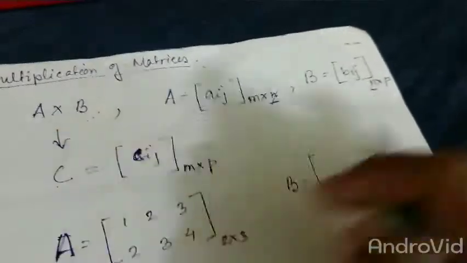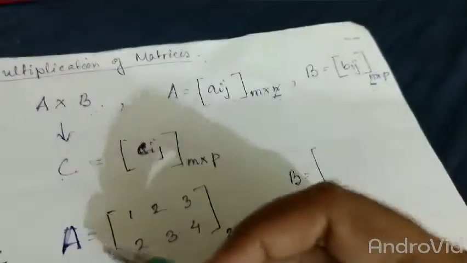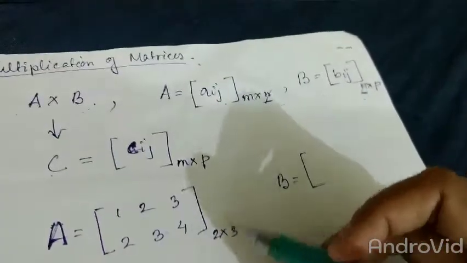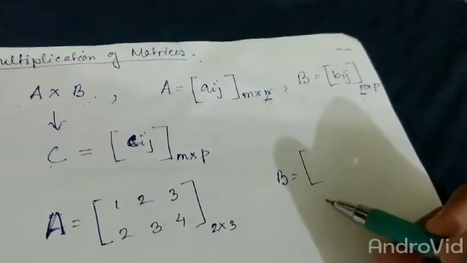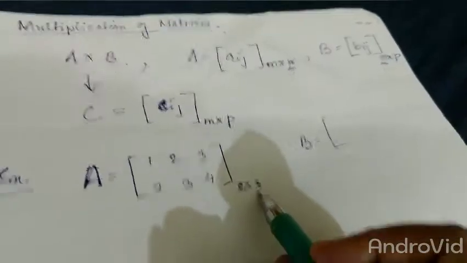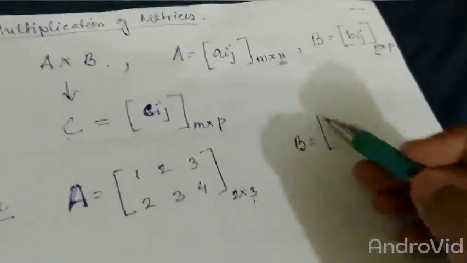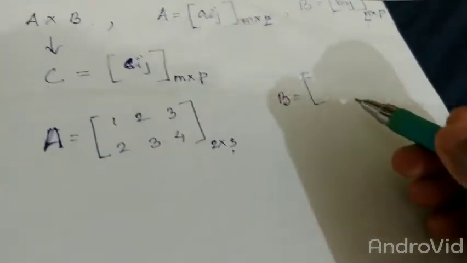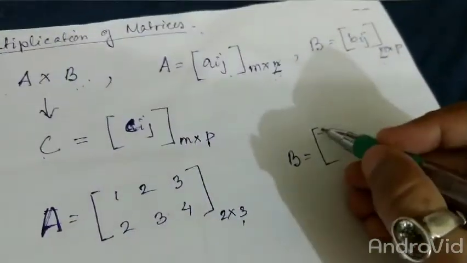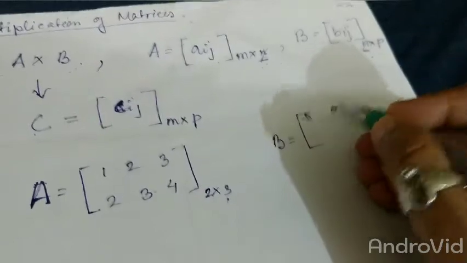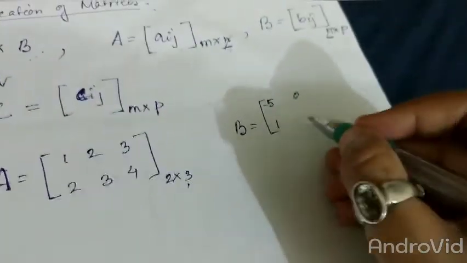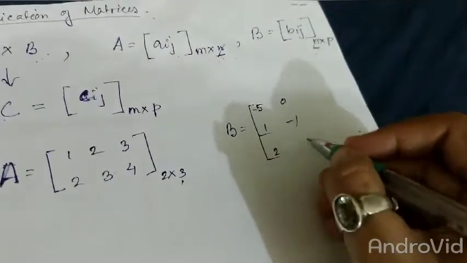If you want to multiply A and B, then the number of columns of A must be equal to the number of rows of B. So here the columns of A is 3. Always remember the number of rows of B also should be equal to 3. So let us take it as 5, 0, 1, minus 1, and another one, 2, 4.